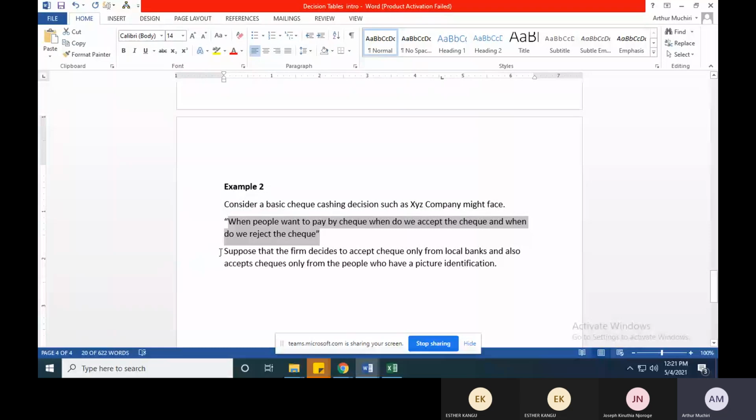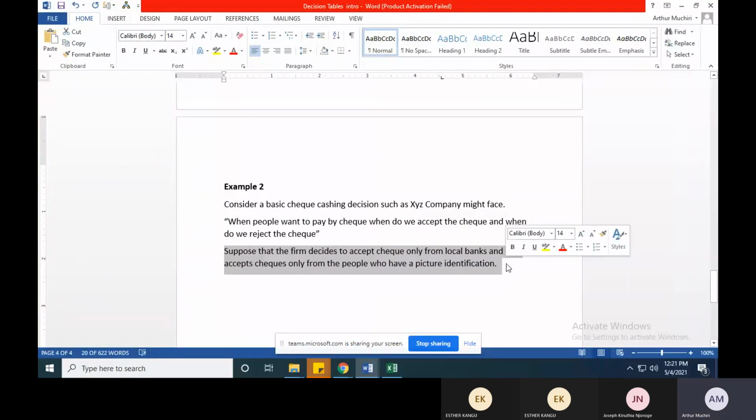So the conditions are here. Suppose the firm decides to accept a check only from the local banks. So that is one condition. And also accepts check only from the people who have a picture identification. So picture identification is the next. So am I helping you to solve it?